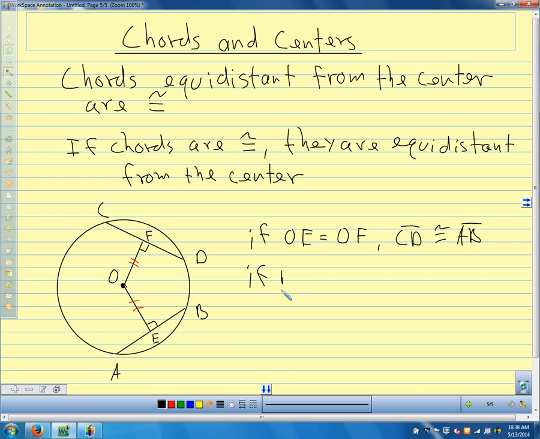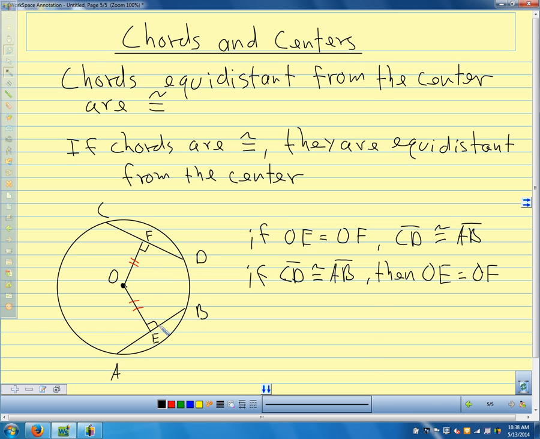If CD is congruent to segment AB, then these distances are the same. OE equals OF. So if our chords are the same distance from the center, they're the same length. All right, questions there?